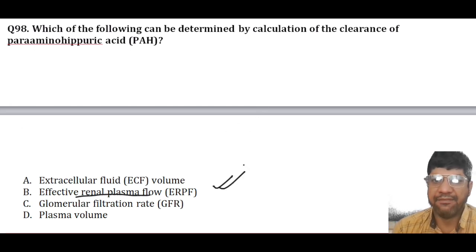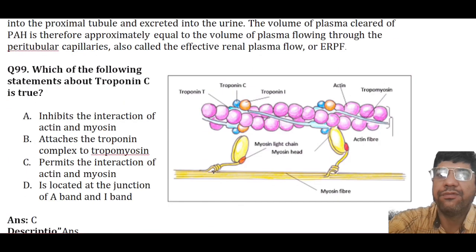So the rate at which para-aminohippuric acid is excreted in urine reflects the rate of plasma flow to the kidneys. So this is an important ERPF. It is an important parameter for evaluating the kidneys function, and it is used in the determination of renal blood flow and glomerular filtration rate.